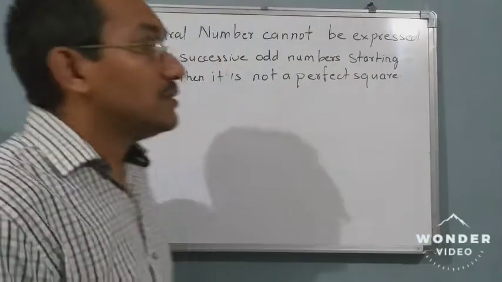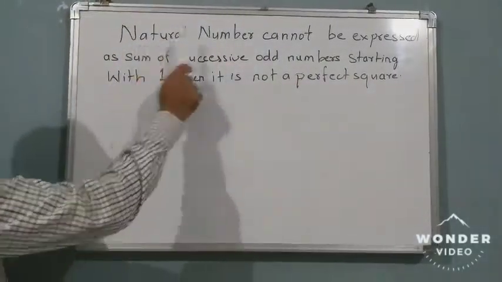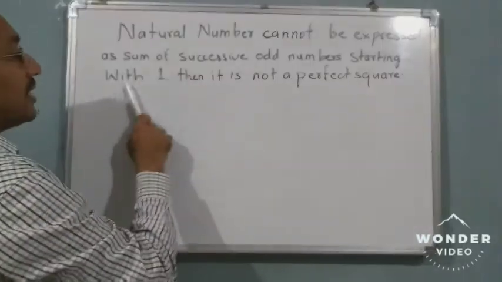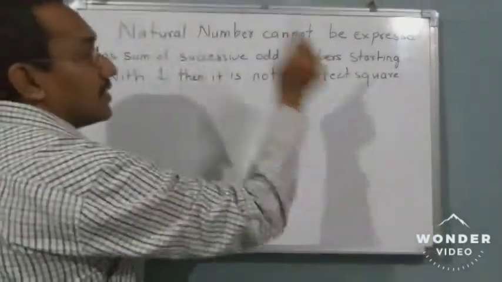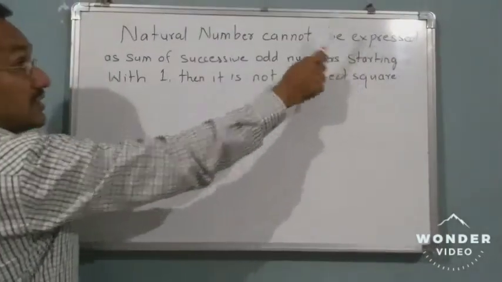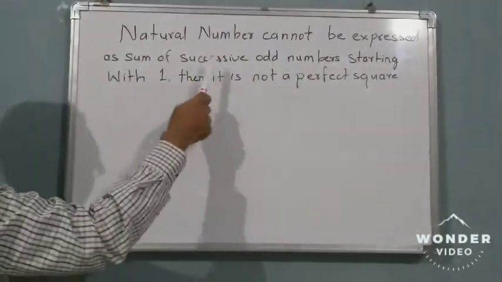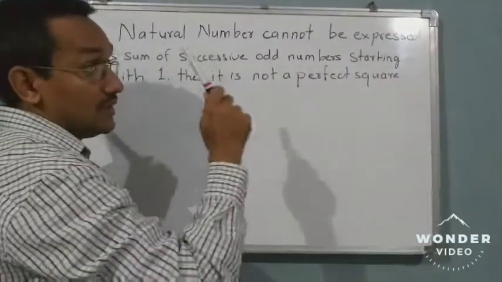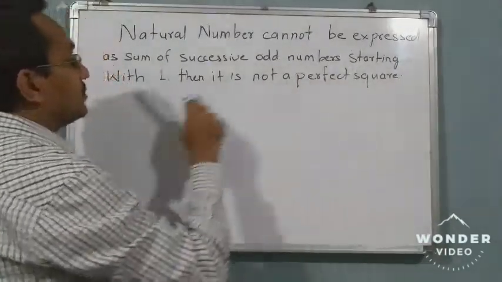Just remember: if a natural number cannot be expressed as a sum of successive odd numbers starting with 1, then it is not a perfect square. What does this mean? The number cannot be expressed as a sum of successive odd numbers 1, 3, 5, continuing successively, starting with 1.